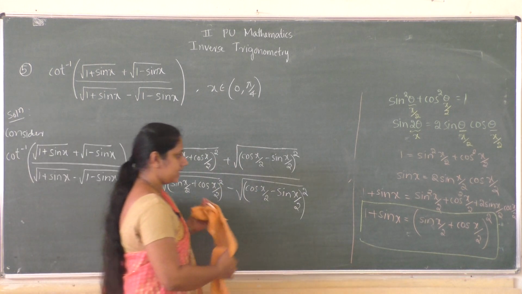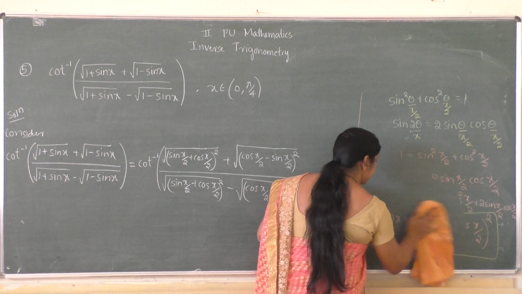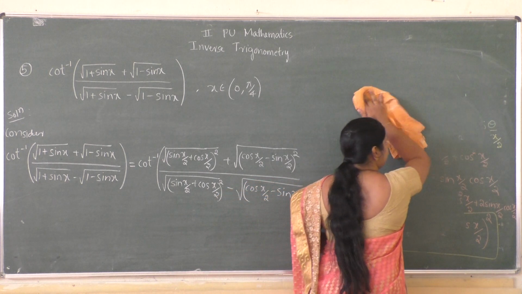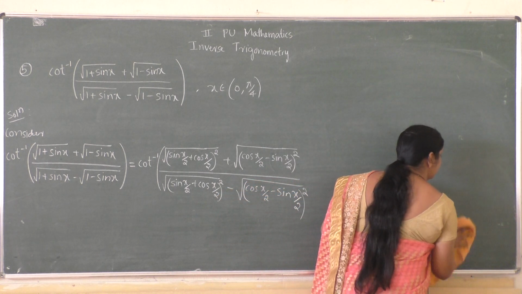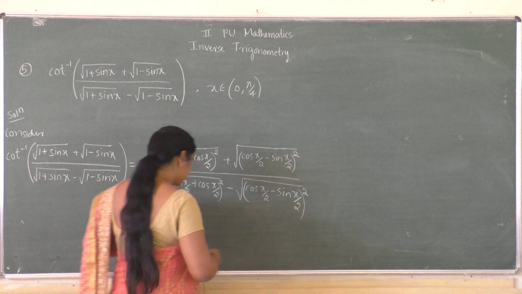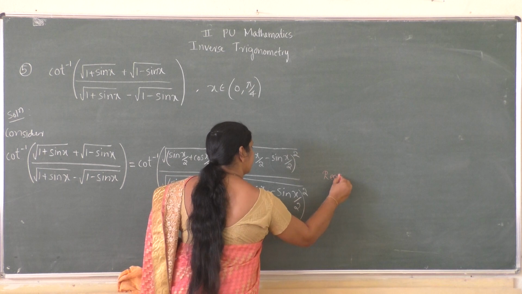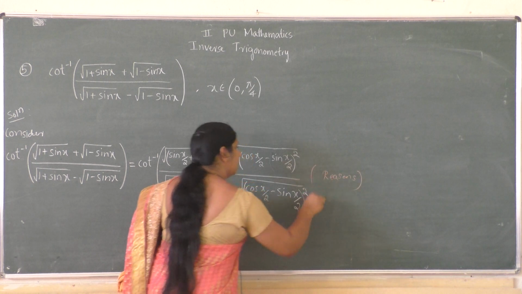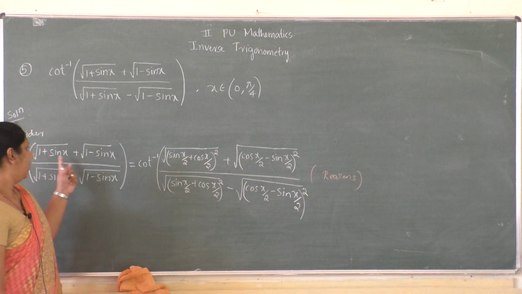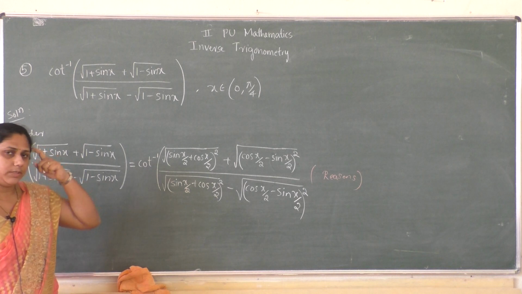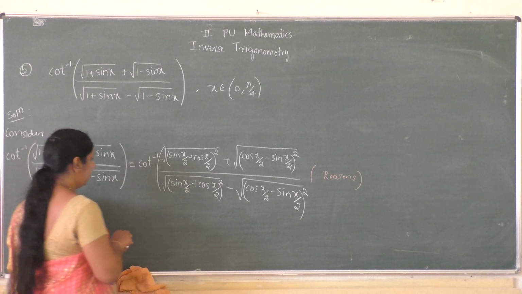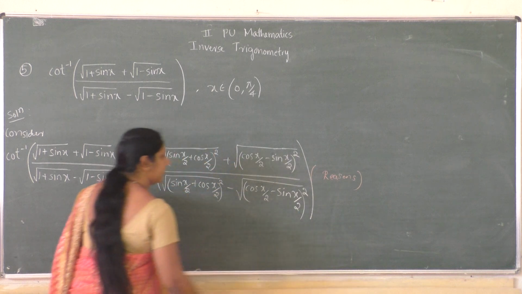Just write the reasons, that is, those two formulas: what is 1 plus sin x and also what is 1 minus sin x. Now close the bracket.